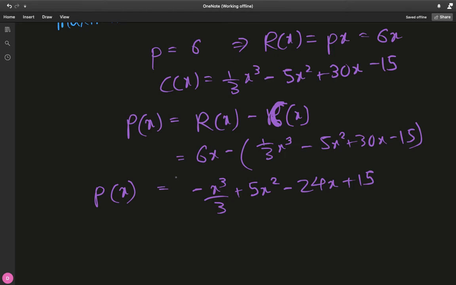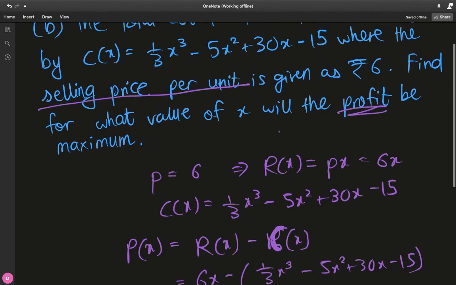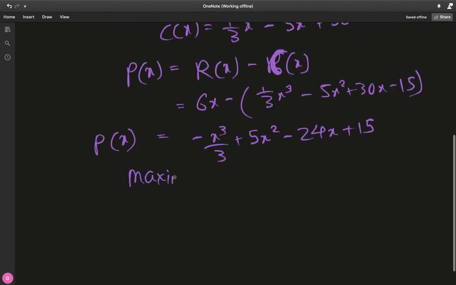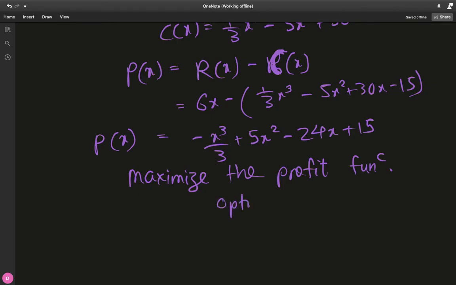Now, since we need to maximize profit, so we need to maximize the profit function. This actually becomes an optimization problem, right? Optimization problem, because we have functions that we need to optimize or maximize in this case.